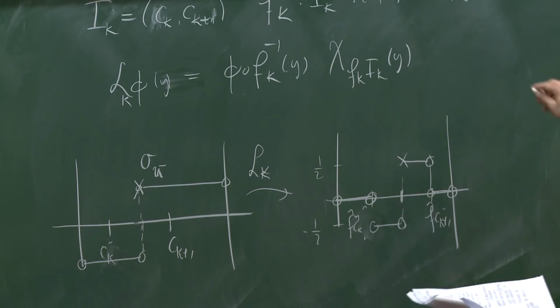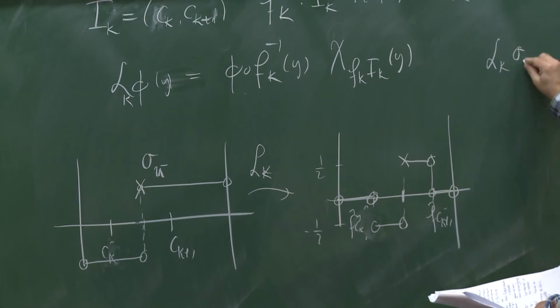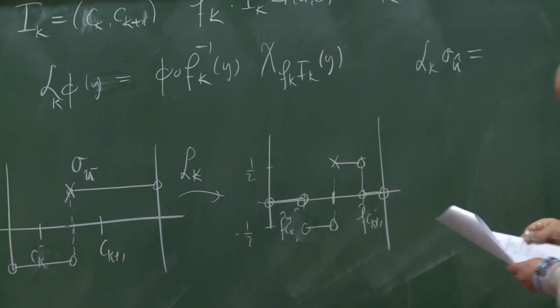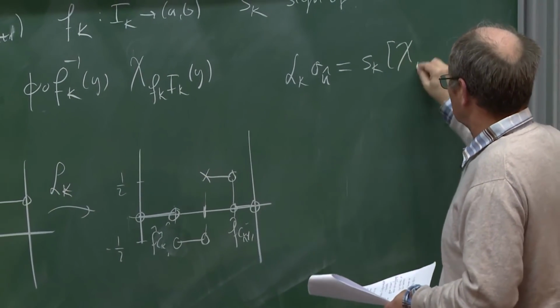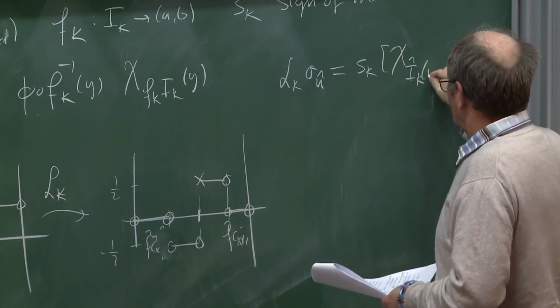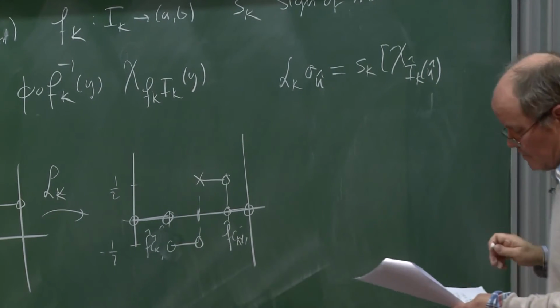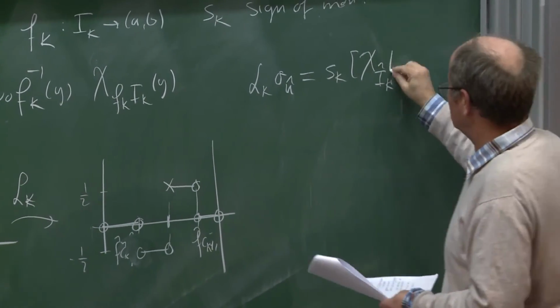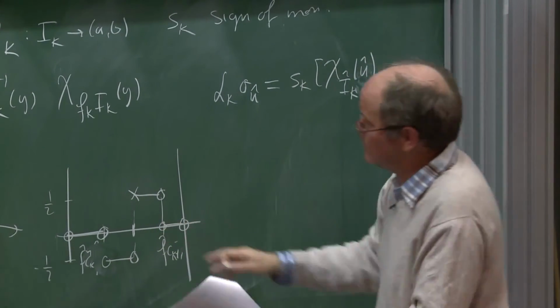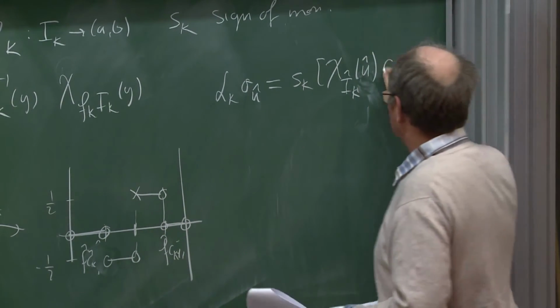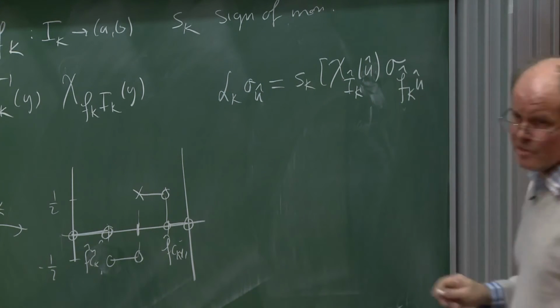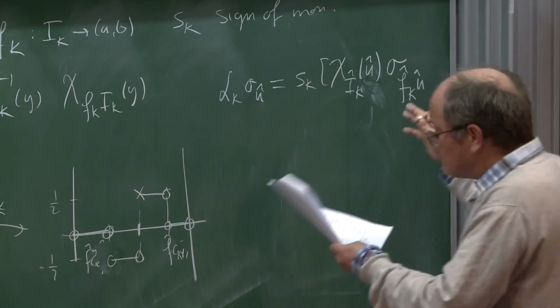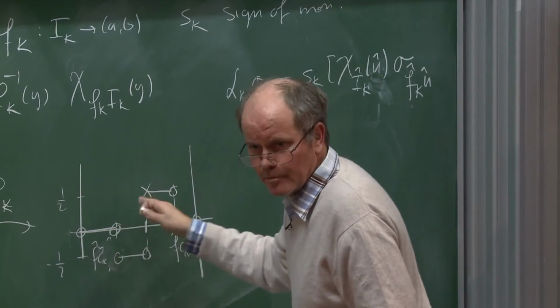So what happens is that LK, acting on sigma u hat, would, after a long computation, you realize that when u hat is inside the interval here, you get sigma, but at the image point. But you get two correction terms because you have seen you're chopped off twice.